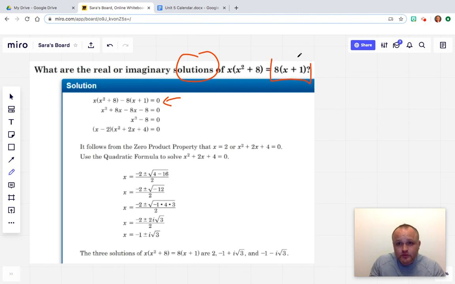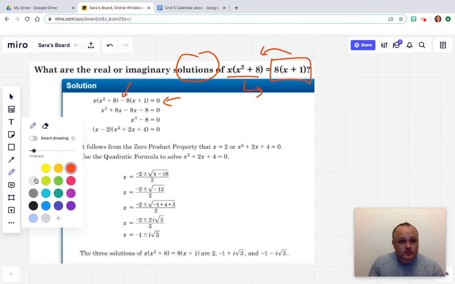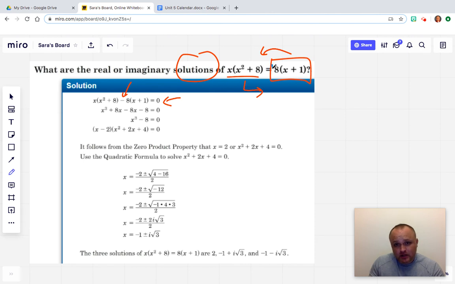So I'm going to move this over either to the left or to the right. A lot of times you like to see x equals something, so chances are it's probably more common for you to move everything to the left. So we subtract this to the left. It used to be a positive when it was on the right side. But when you move it, it has to be a subtraction, okay?